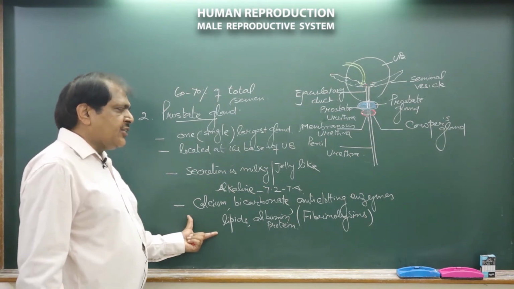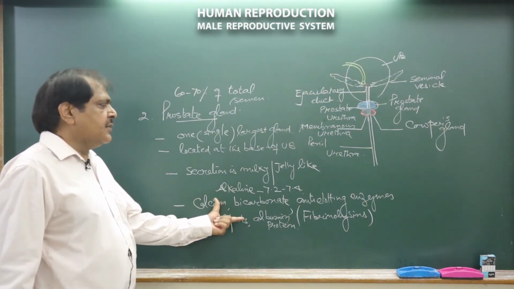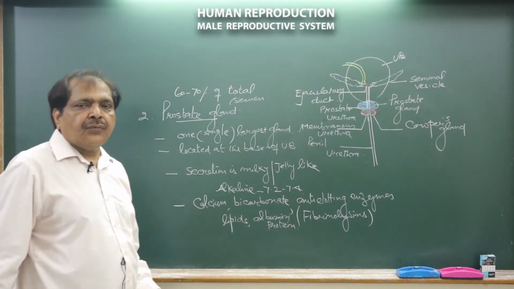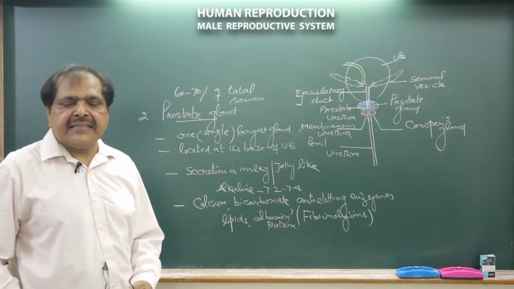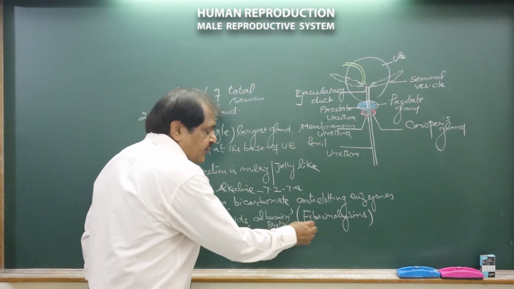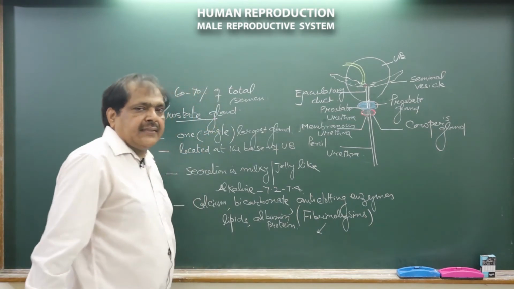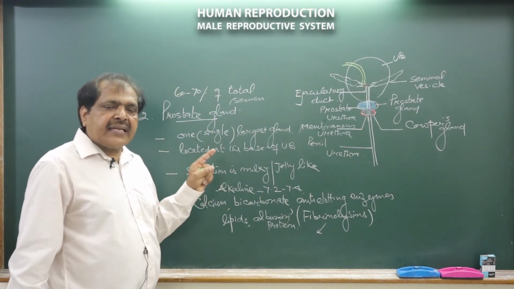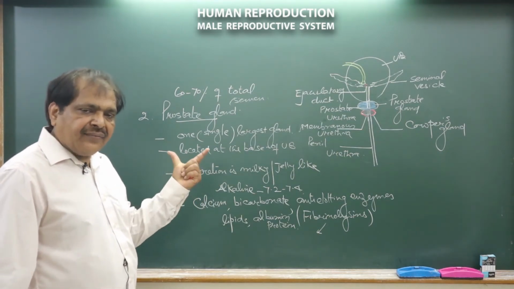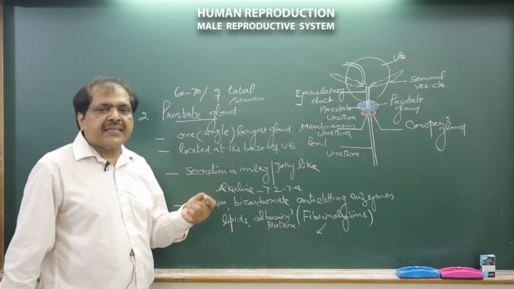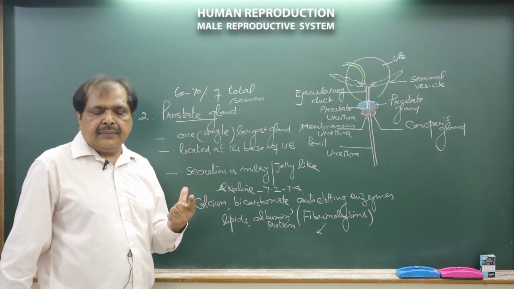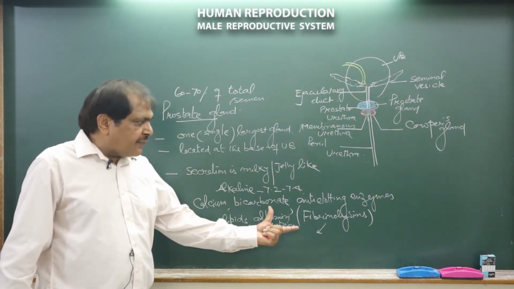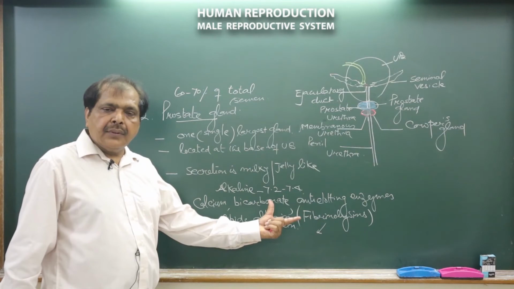All this calcium, bicarbonates, anti-clotting enzymes like fibrinolysins. The main function which we are to discuss is that of fibrinolysins. Clotting of the semen was carried out by clotting factors present in the secretion of the seminal vesicles. Now what will the fibrinolysin do?